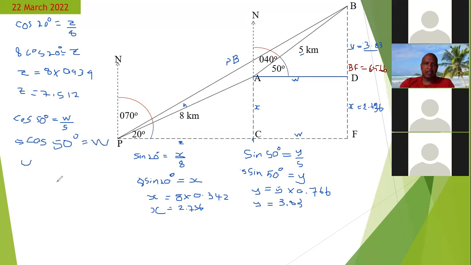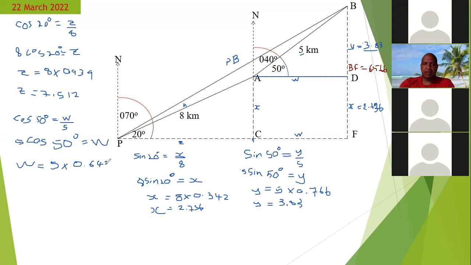So what is W here? Sir, cos 50 is 0.643. All right, let me write the 5 first. So we have 5 times 0.643.